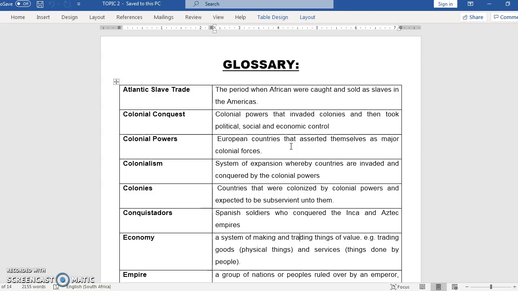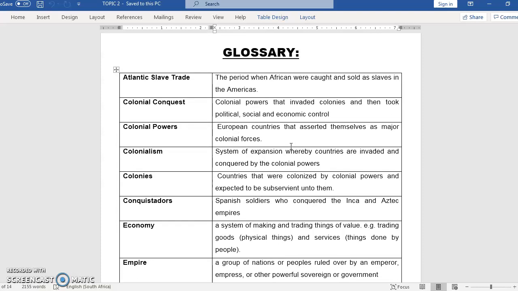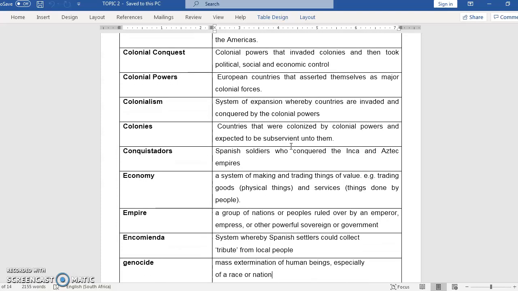Then we've got the economy. The reason I included this word in the glossary is because it's going to come up a lot in history. You're going to see it come up again and again. So it's important that you know what it means because it's going to come up in grade 11 and grade 12. If you know what it means in grade 10, then you already have a bit of a head start.